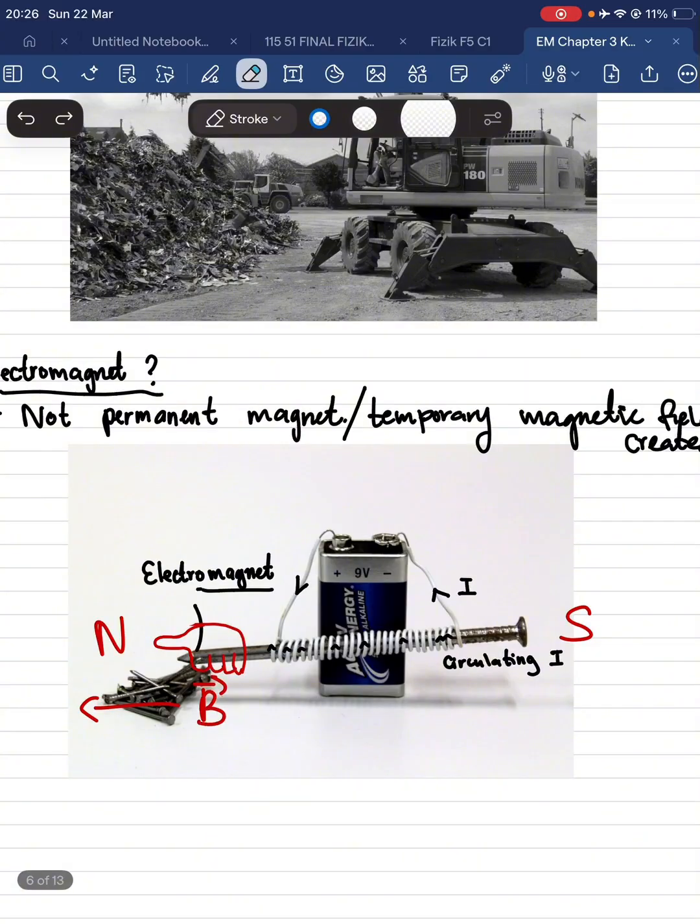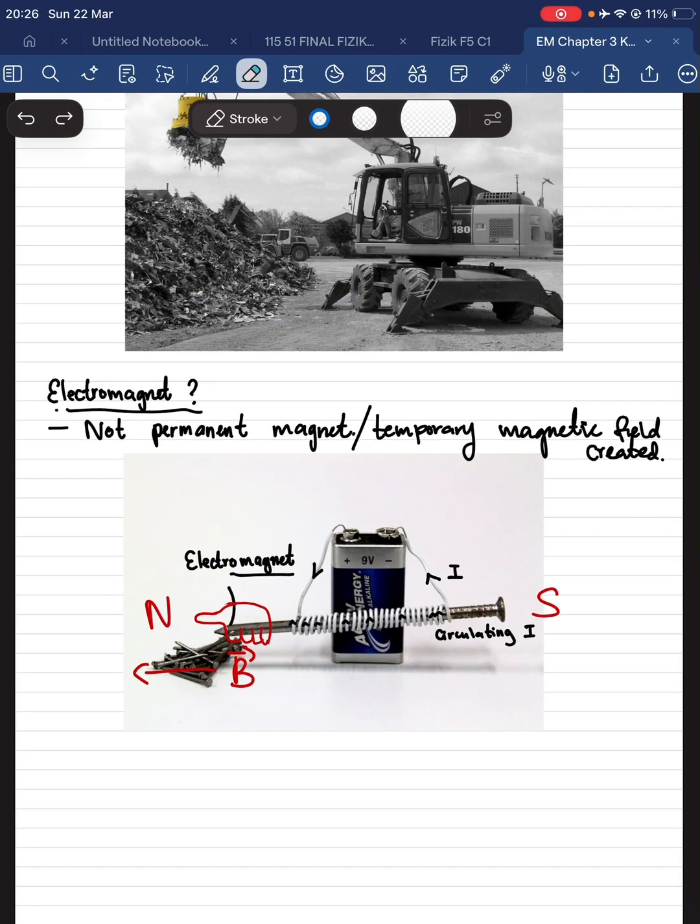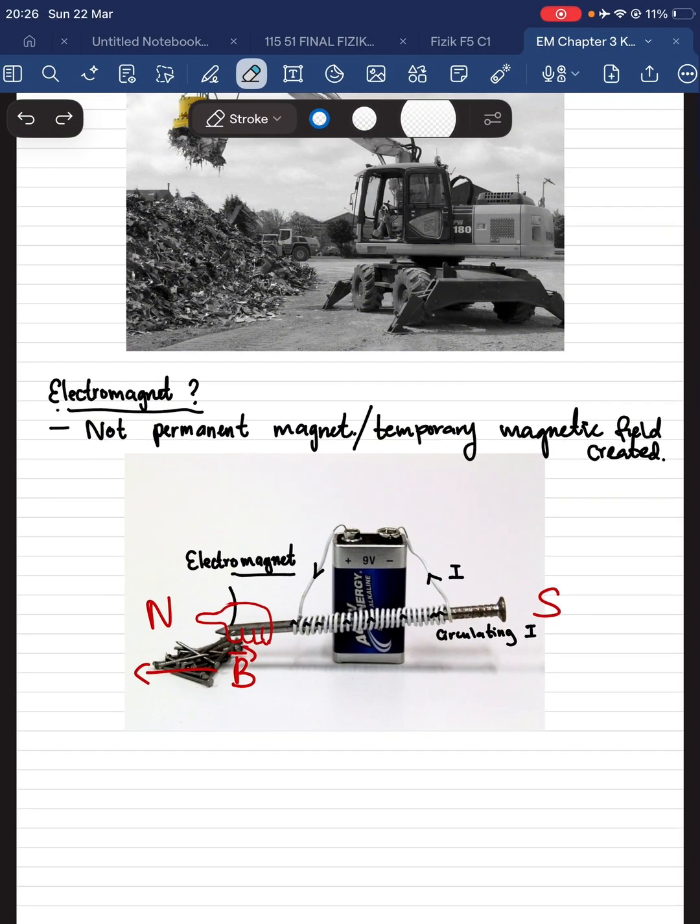So can we determine the north and south pole? Yes, we will discover that later. One hand rule we call, this is the right hand rule. I have drawn it there. This is the hand rule.